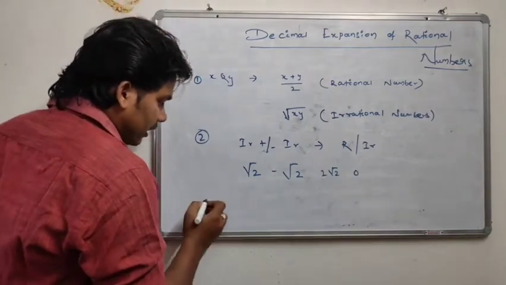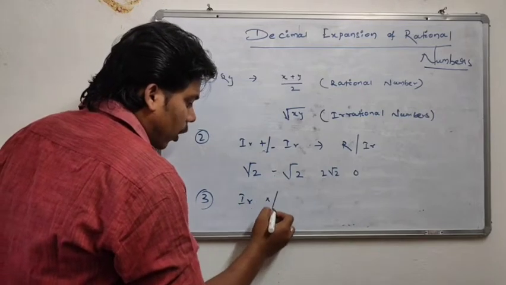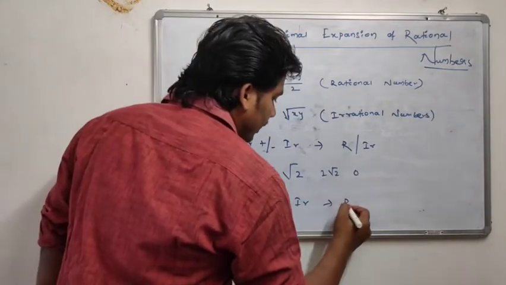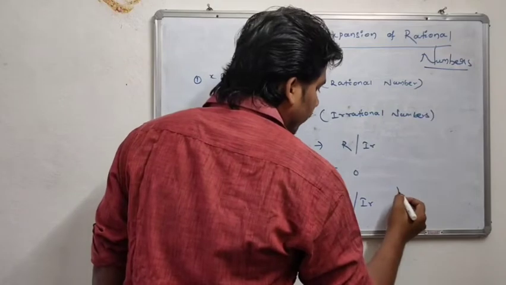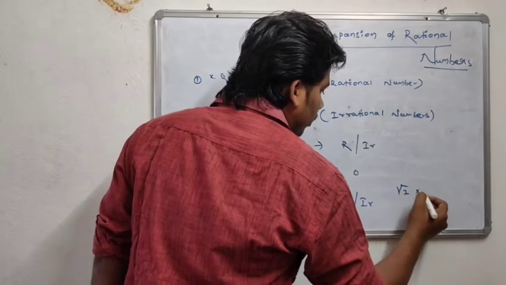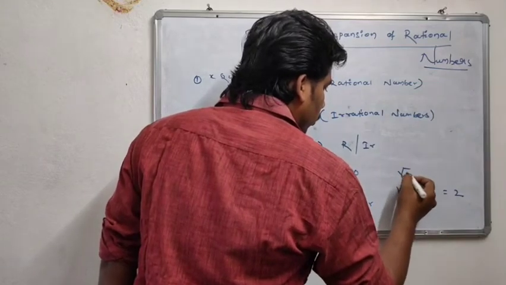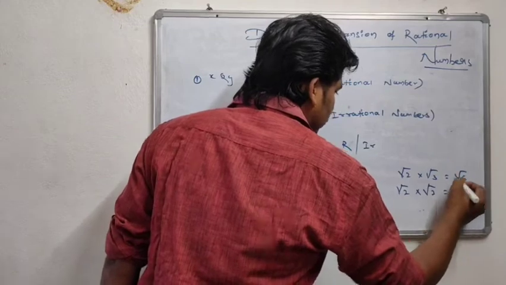In the same way, if I take one irrational number and multiply or divide with another irrational number, the value may be rational, may be irrational. Why? Again, if I take root 2 and multiply with root 2, this will be 2. But if I take root 2 and another root 3 and multiply, the value is root 6.